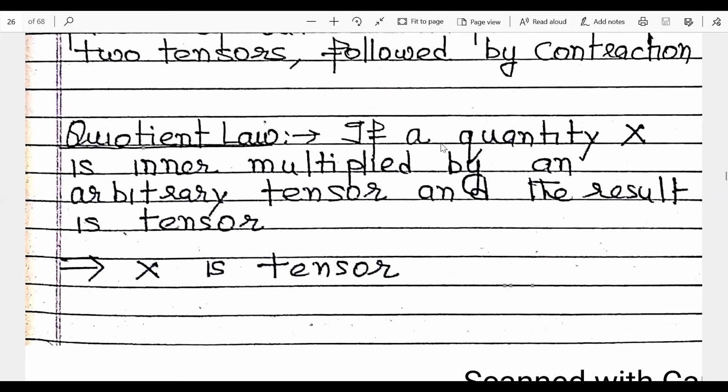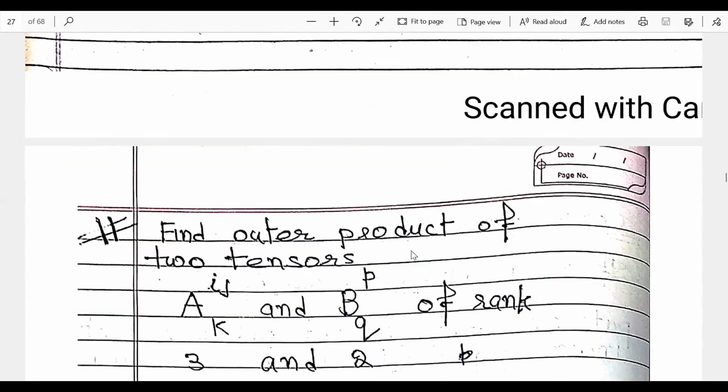So if we want to prove whether any quantity x is a tensor or not, we inner multiply by an arbitrary tensor, and if the result is a tensor, this implies x is a tensor.